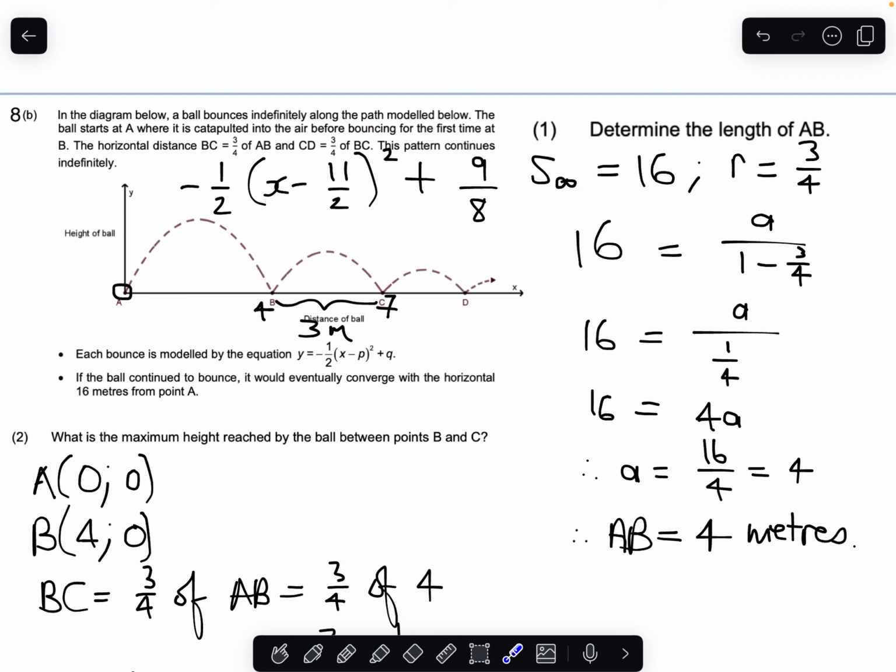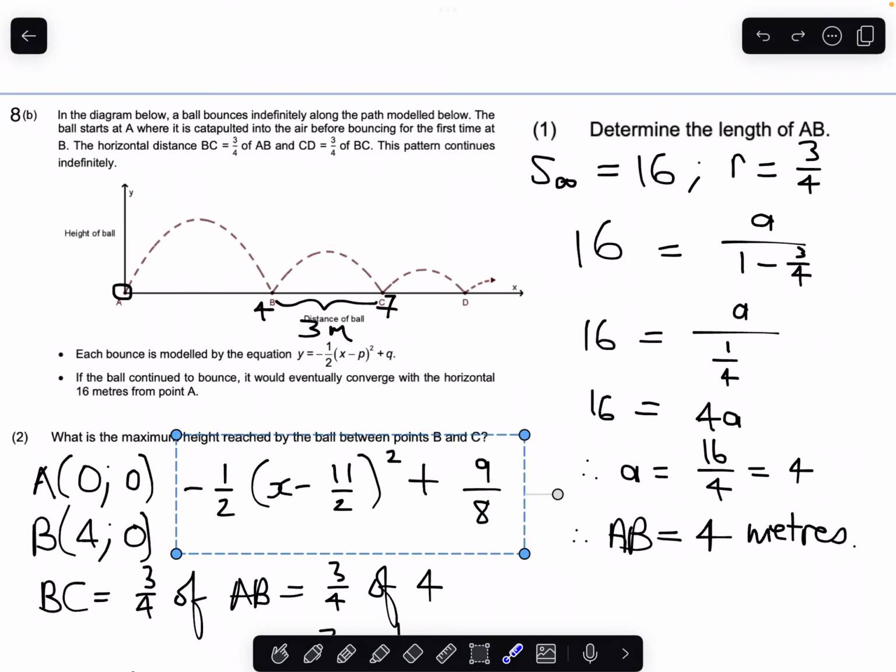So the original downward facing parabola would look like that. Relative to that parabola, it has moved to the right by 11 over 2 units, and then it's moved up by 9 over 8 units. So that is what that is telling us.